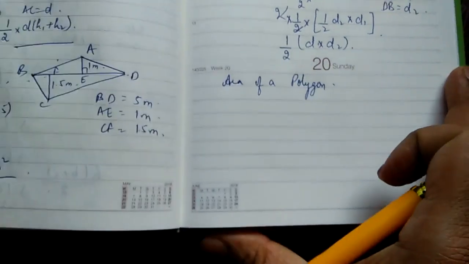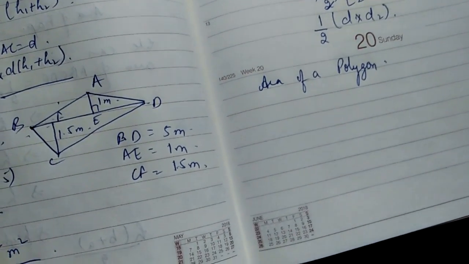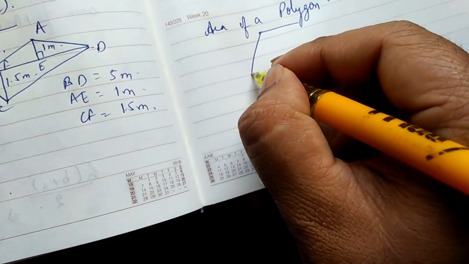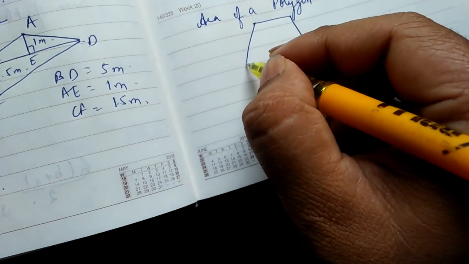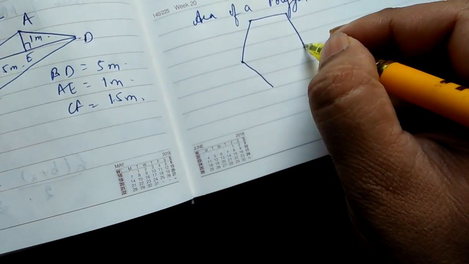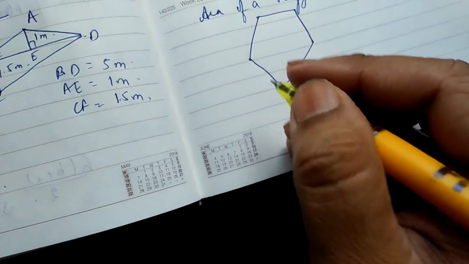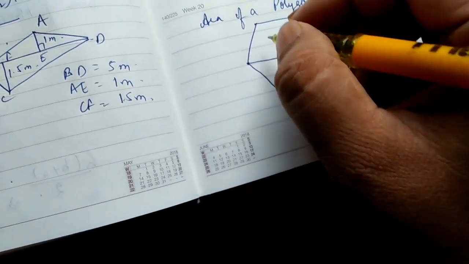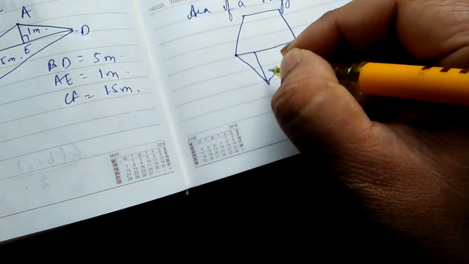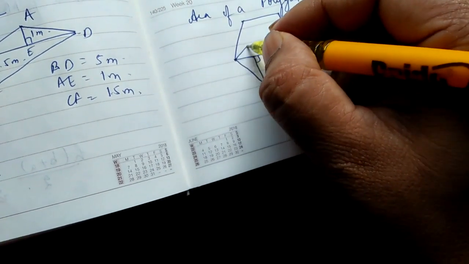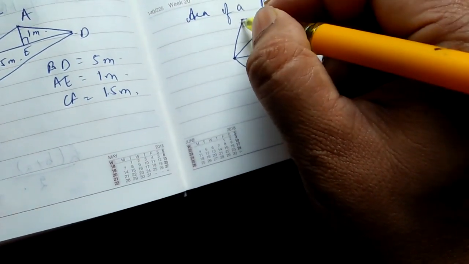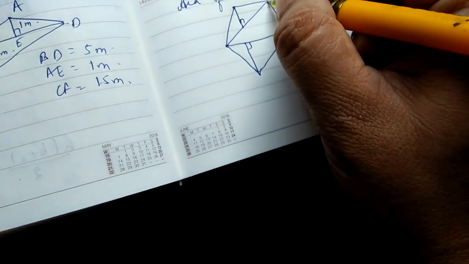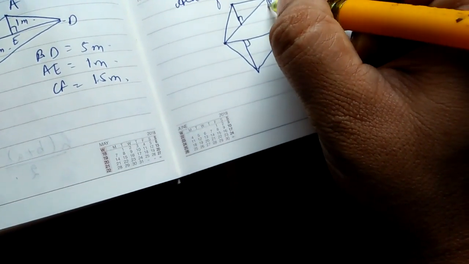In order to find the area of a polygon, we will join the two vertices. We can split this particular polygon into different triangles or quadrilaterals depending on our understanding.